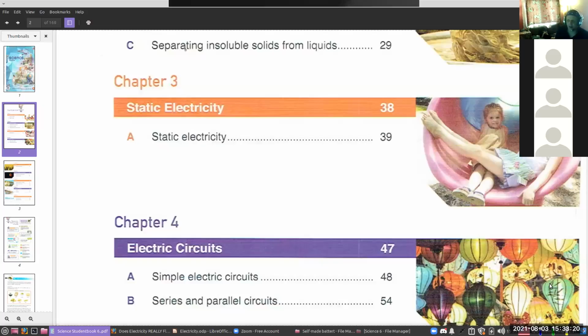Okay, so in our reading book in science, there is static electricity and electrical circuits, but what I'm missing in this book is how electricity really works. What is electricity? I am missing this in this book because last year we had another book and there it was explained what electricity is.